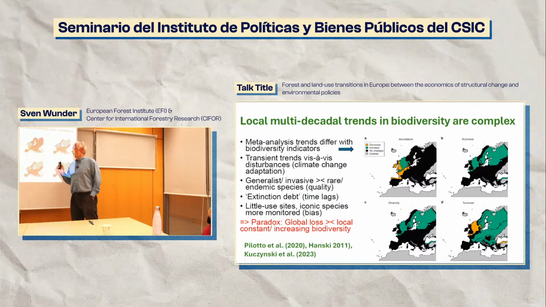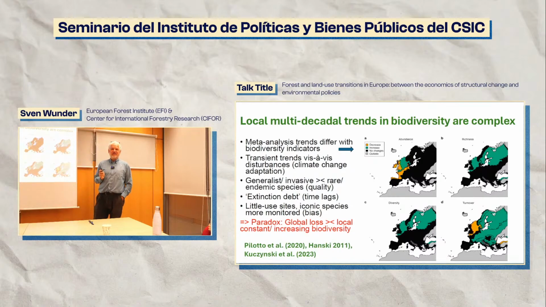So there's this paradox that you can have locally increasing levels of biodiversity, and still, on a larger continental or global scale, it's hiding a negative picture.